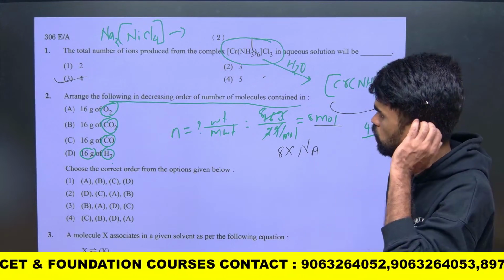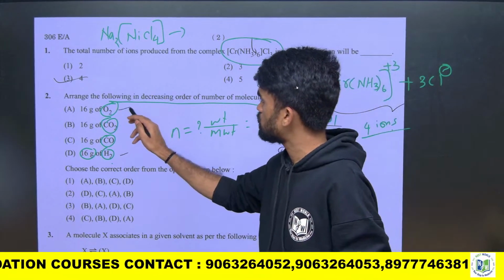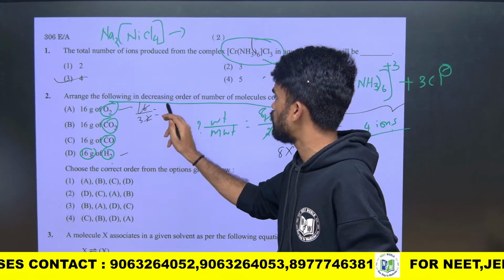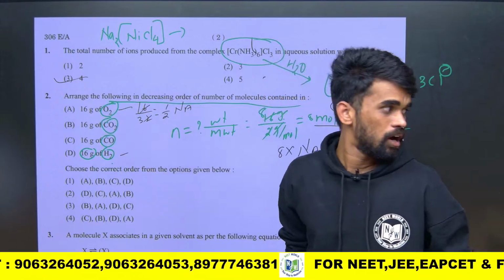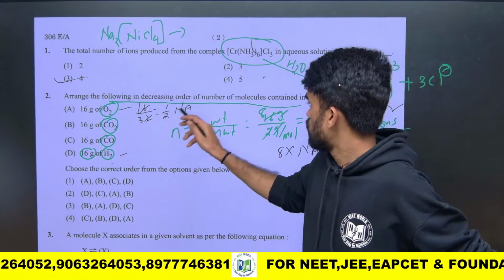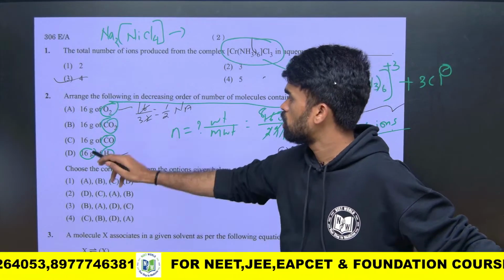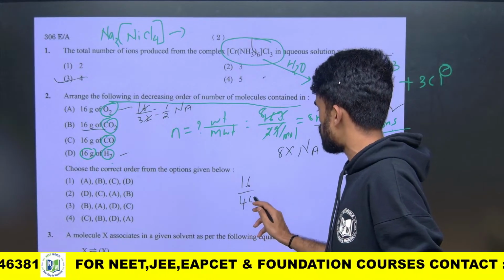Like this, for this you will get 8 Na, and for this you will be getting 16 by 32, molar mass is 32. So this is 1 by 2 Na, which means this is having 0.5 into Avogadro number of molecules of O2. And from this you can get 16 by 44, that is CO2.